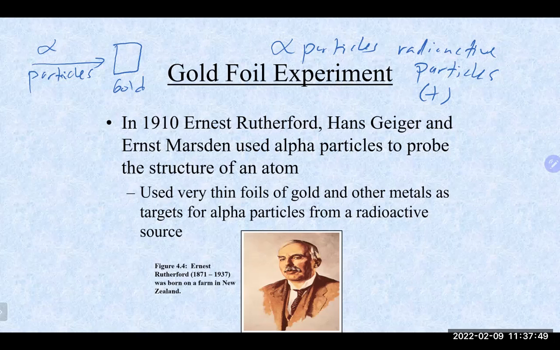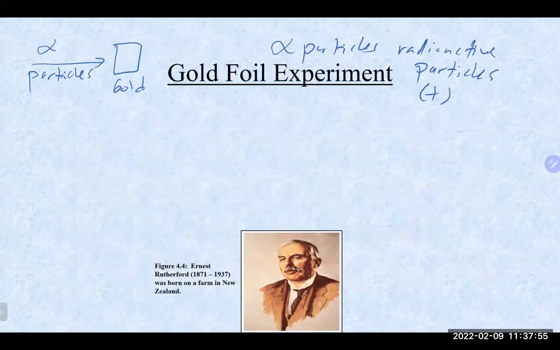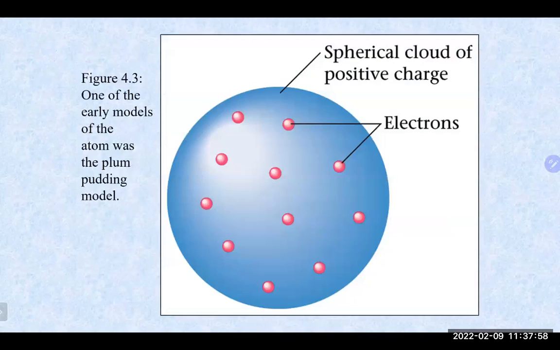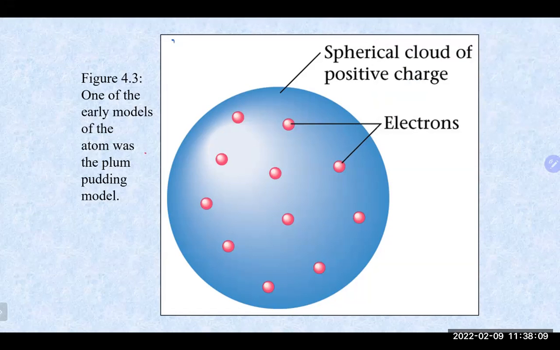Using that idea, what he expected to happen and what he actually saw happen were really two different things. If we go back to this model of the atom, with that positively charged sphere spread out all over it, what he expected when he shot these positively charged, heavy, fast moving radioactive particles is that when one came through the atom, it would hit something positively charged.